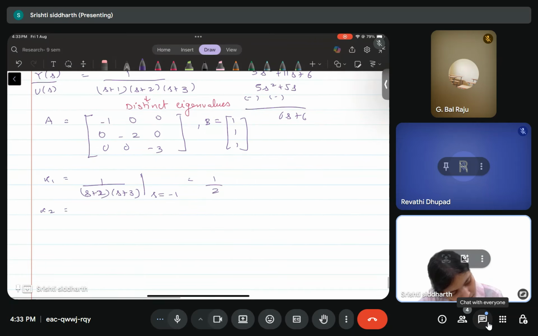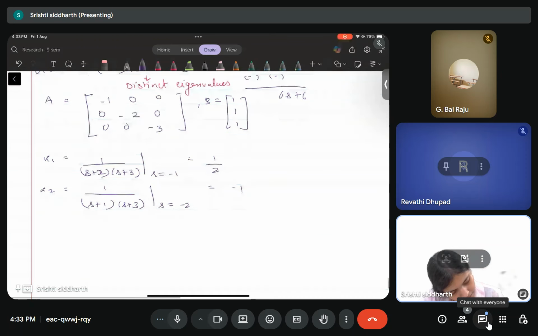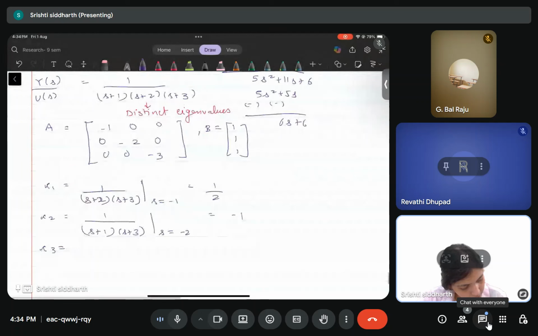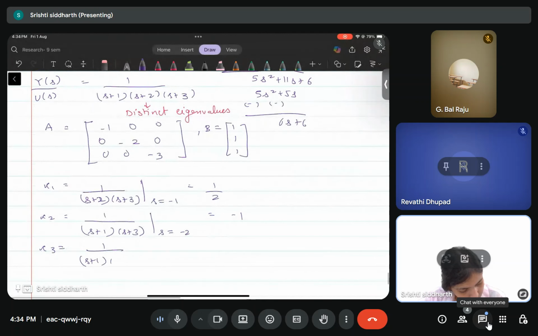C2 is 1 over (s plus 1)(s plus 3), evaluated at s equals minus 2. This is going to be simply minus 2. Yeah. C3 is 1 over (s plus 1)(s plus 2), evaluated at s equals minus 3.